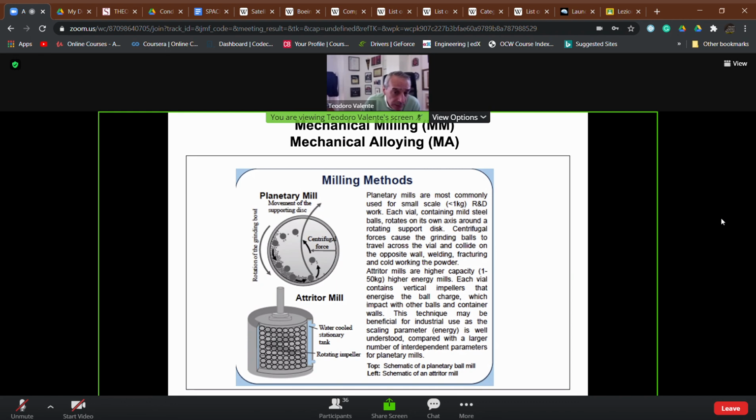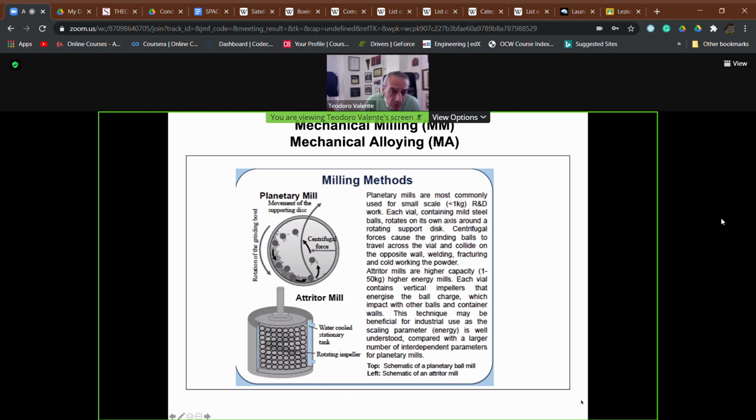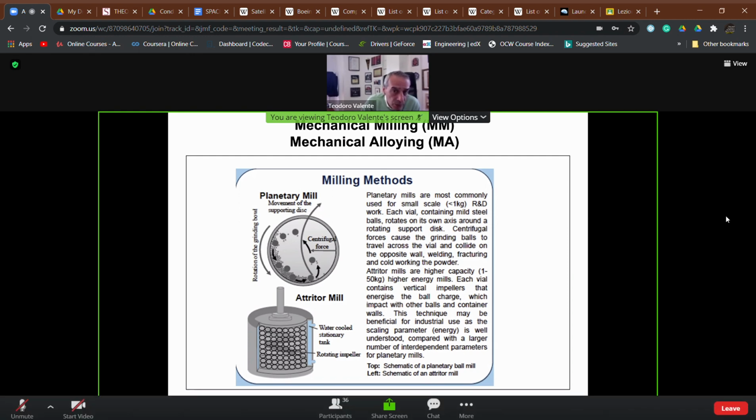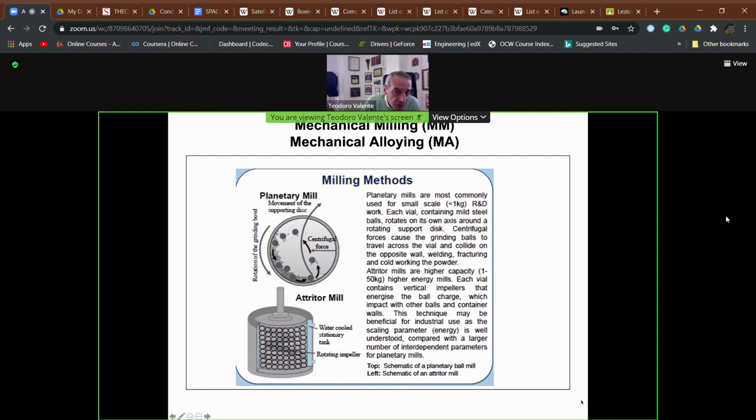The attritor mill, for reasons that I will tell you in a moment, is the most suitable and is the one used to fabricate the powders we are talking about. Planetary mills are very diffused, but for small-scale research and development activities, because they can usually treat at maximum 1 kilogram of material.